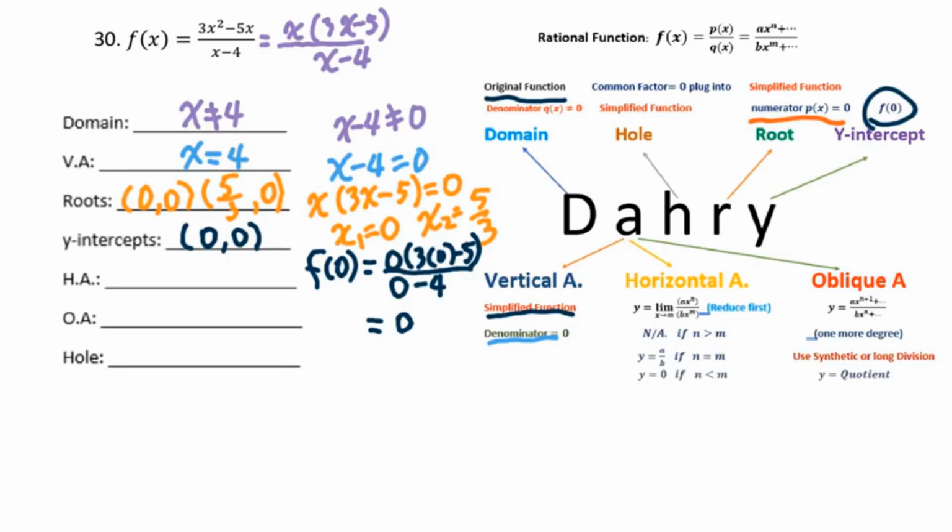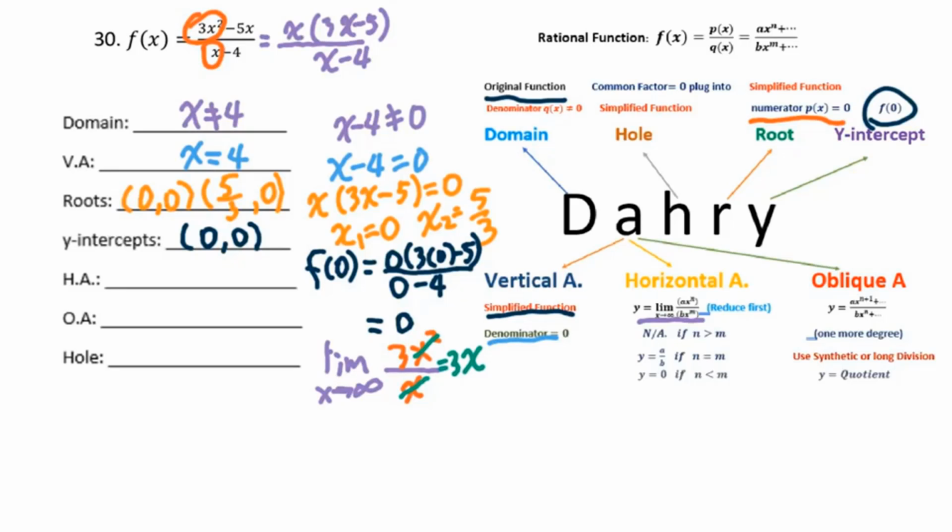Horizontal asymptote line. Let's use limit. Limit as x approaches infinity. For leading term, use the original this time. You got 3x squared over x. Reduce. Always reduce first. You will get 3x.